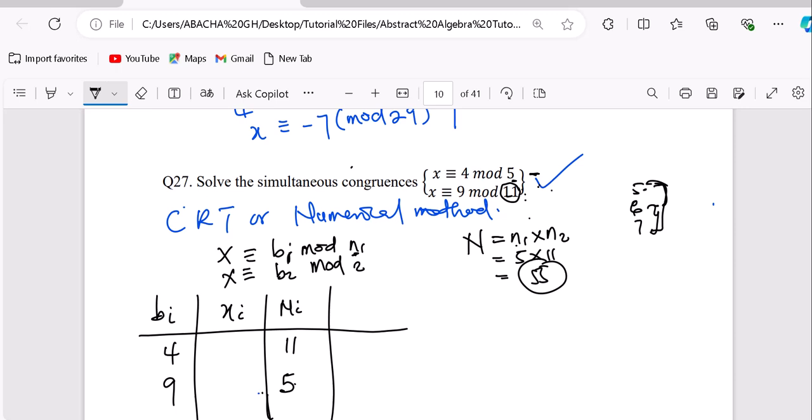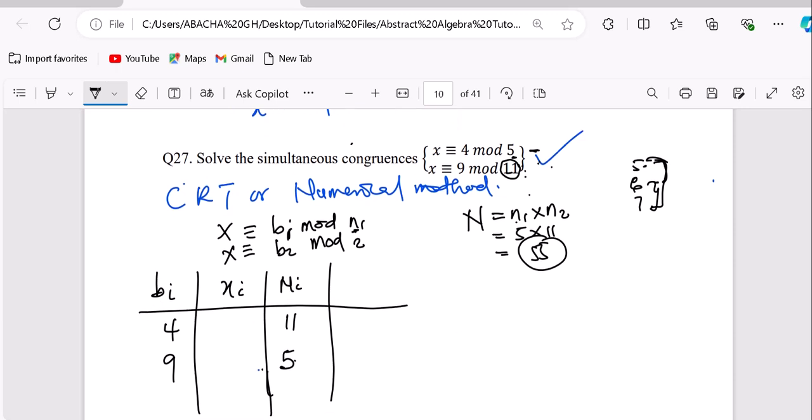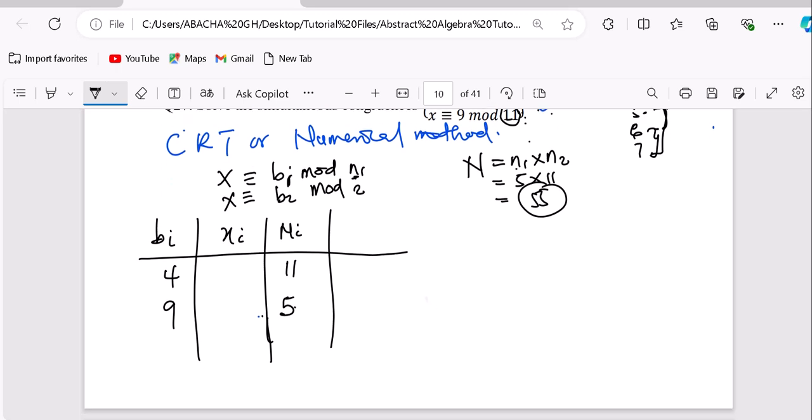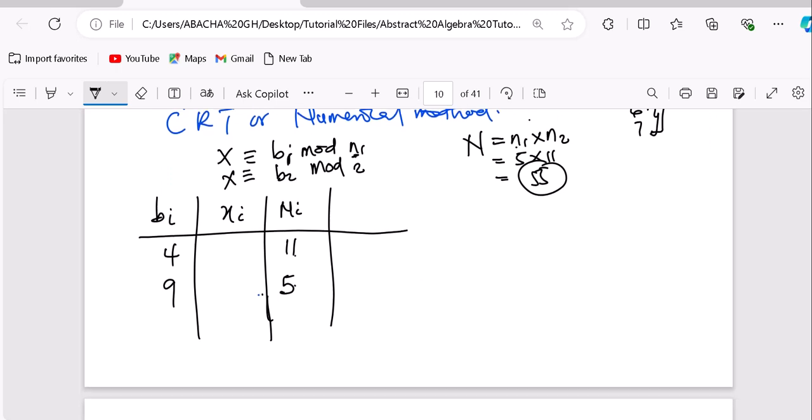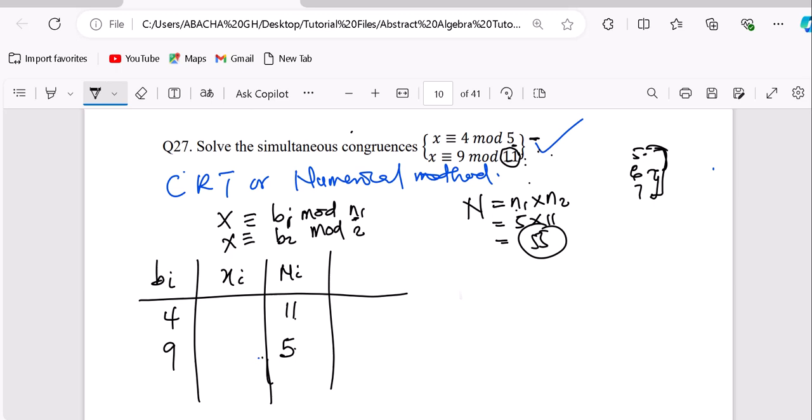So what next? After that we have to come back and write these n's in this form on our congruences.